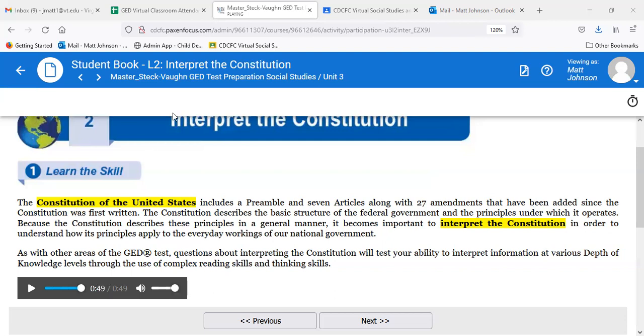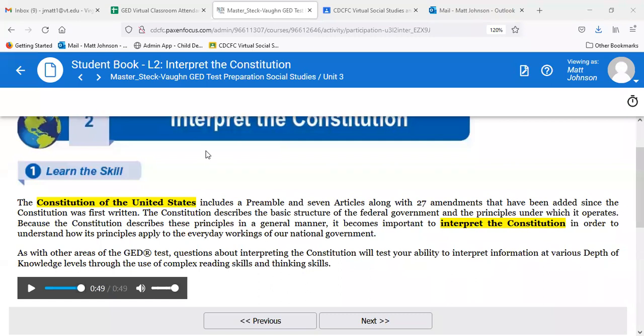And we've already dealt with the Constitution to some degree. We talked about it in terms of comparing it to the Articles of Confederation and how it replaced the Articles of Confederation and expanded the central government, gave more power to the central government, created the office of the president as the chief executive, created the 3 branches of government.